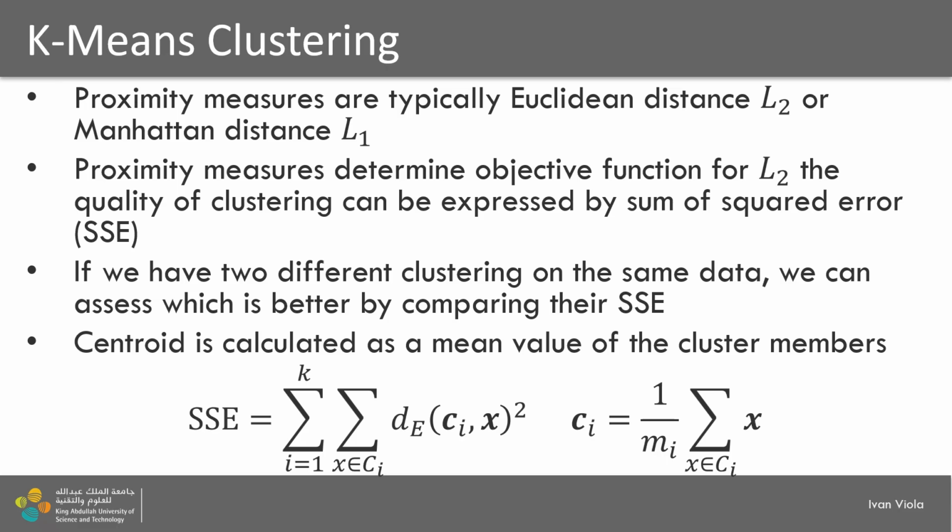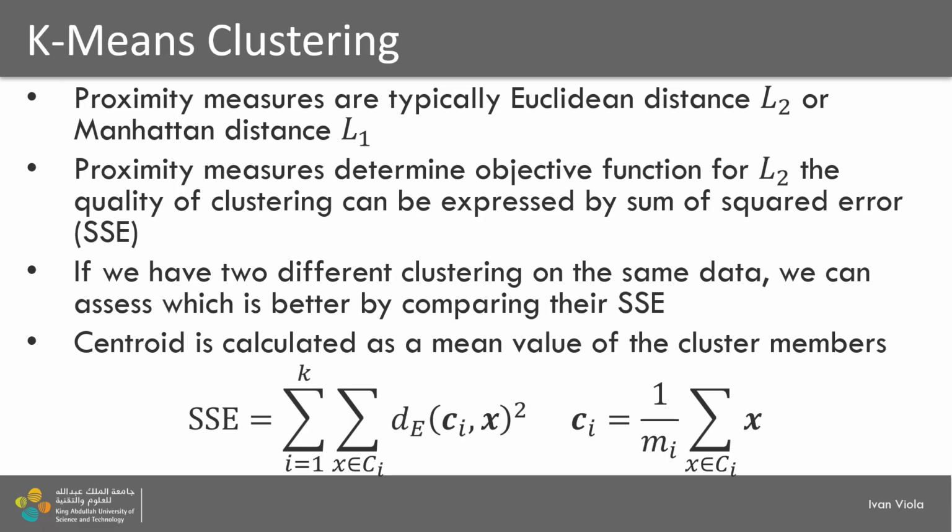In fact, the L2 norm is associated with the objective function, which can be expressed as the sum of squared error. So sum of squared error means that we take the distance of any point in the cluster to which it is associated with, and we calculate the Euclidean L2 norm distance with the cluster center.